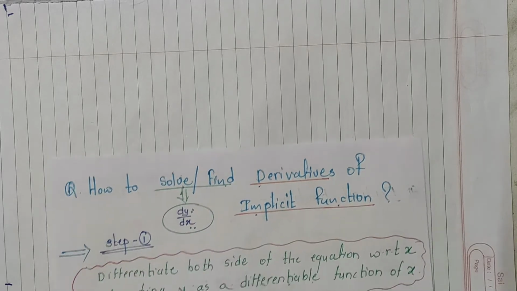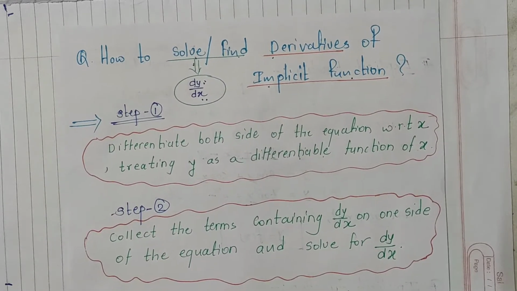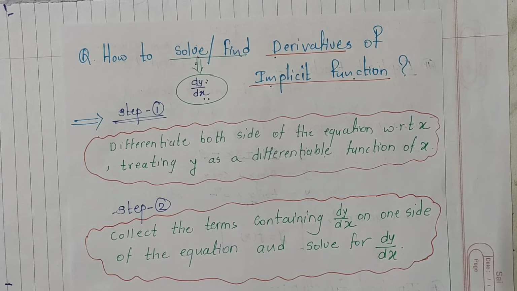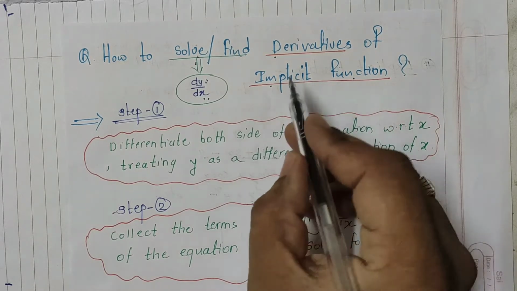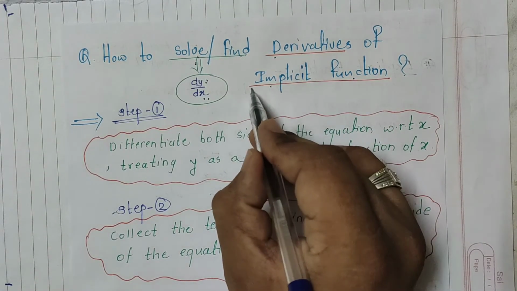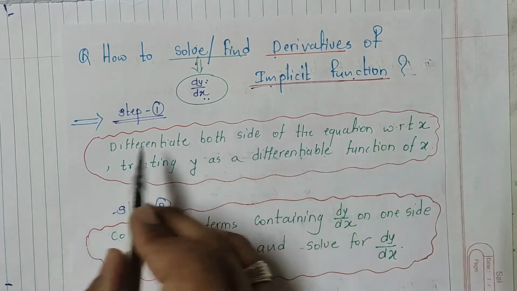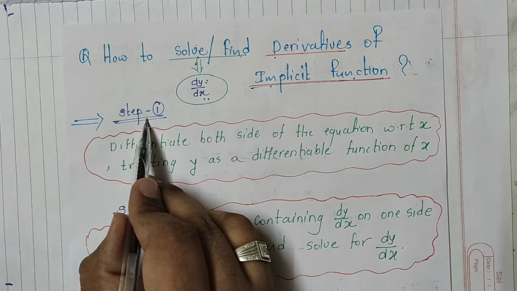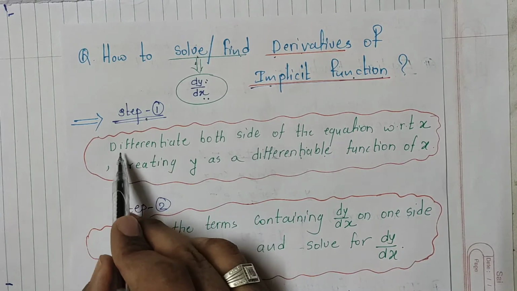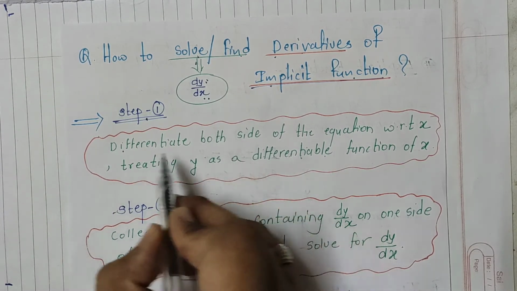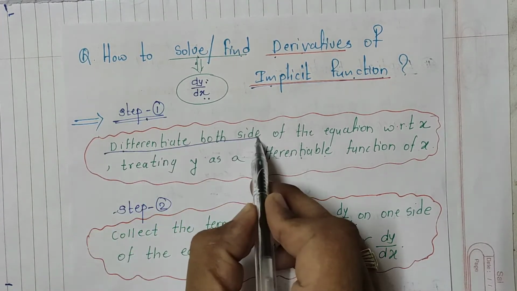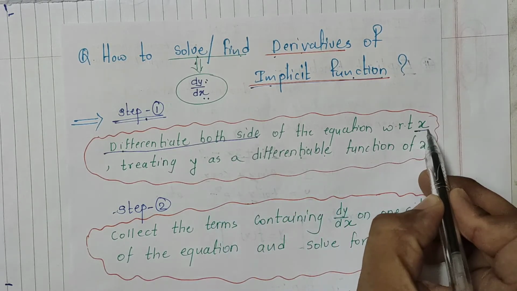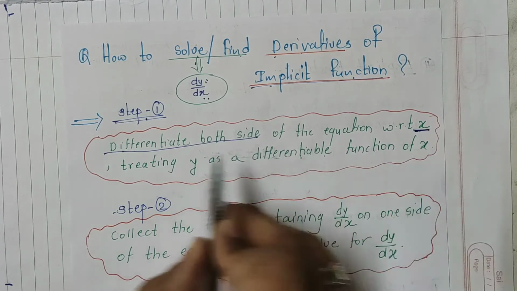By using these two steps we can find derivatives of implicit function. So step number 1. What is step 1? Differentiate both sides of the equation with respect to x. This is step number 1.